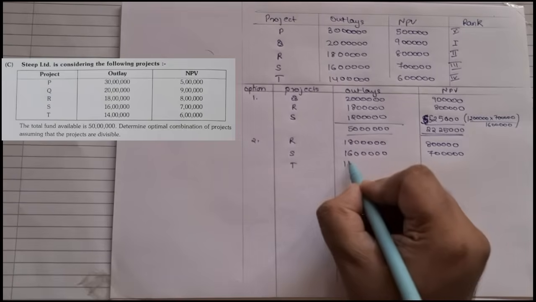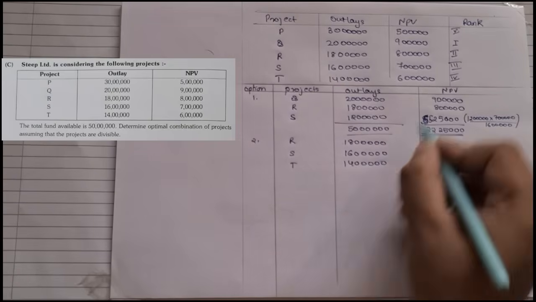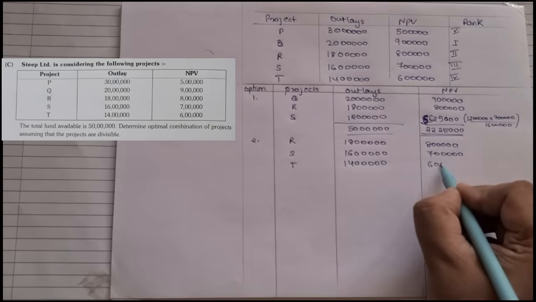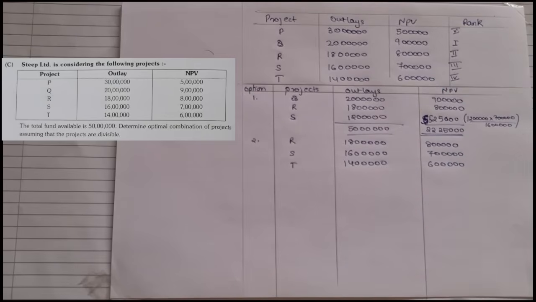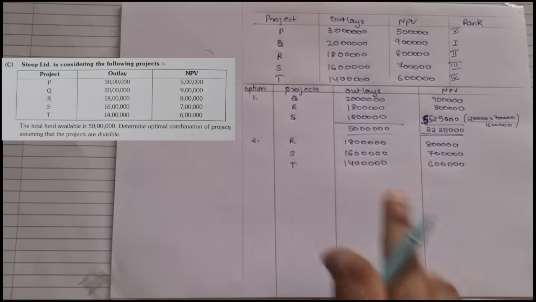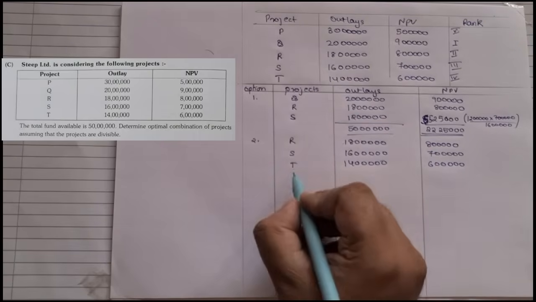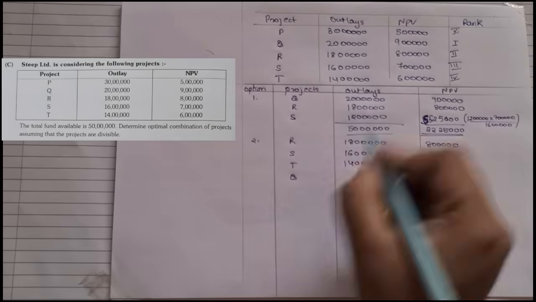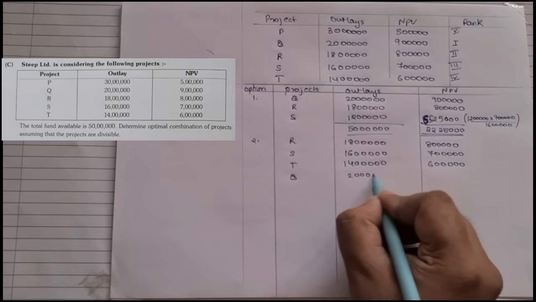So yes, I'll take this 14 lakhs, which gives you NPV of 6 lakhs. Now this is 48, I need 2 more lakhs from somewhere. So what if I use the first value? I'll use the value of Q to get 2 lakhs, because it has the highest NPV.